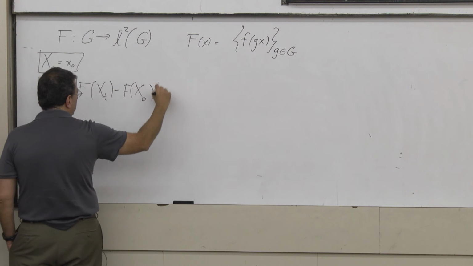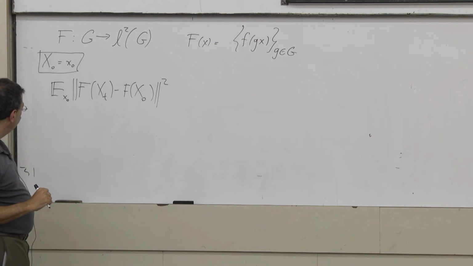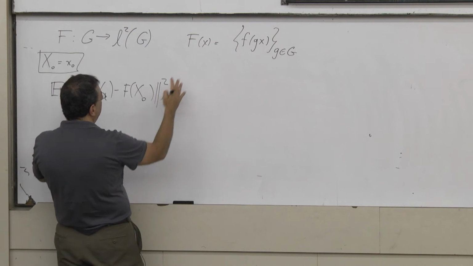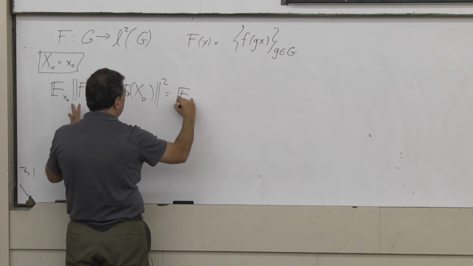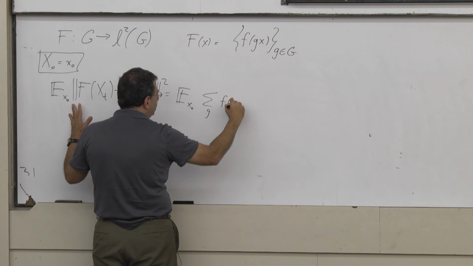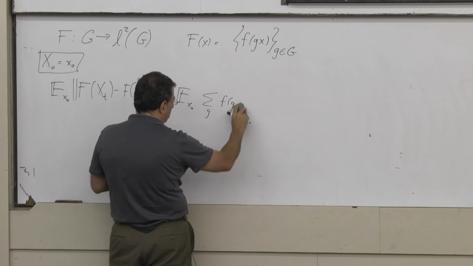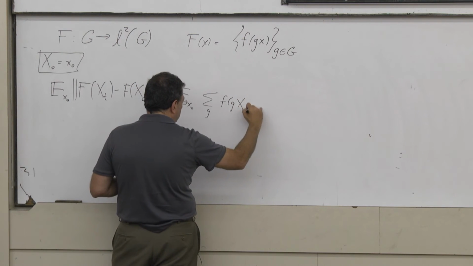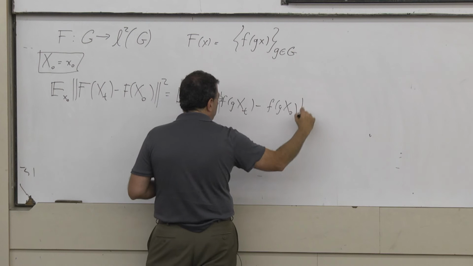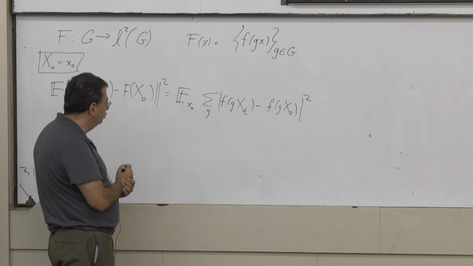And this is the Hilbert space norm in L2 of G. So let's write it explicitly. We know what capital F is. So this is the expectation, starting from x0, of the sum over g of (f of g xt minus f of g x0) squared. I just wrote what is capital F and the definition of the L2 norm.